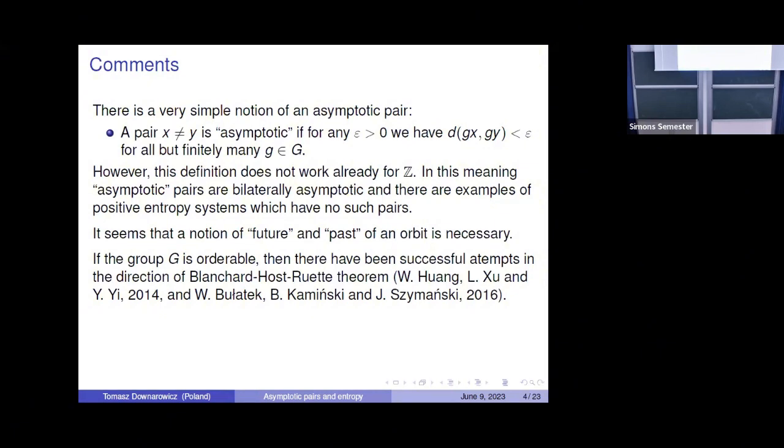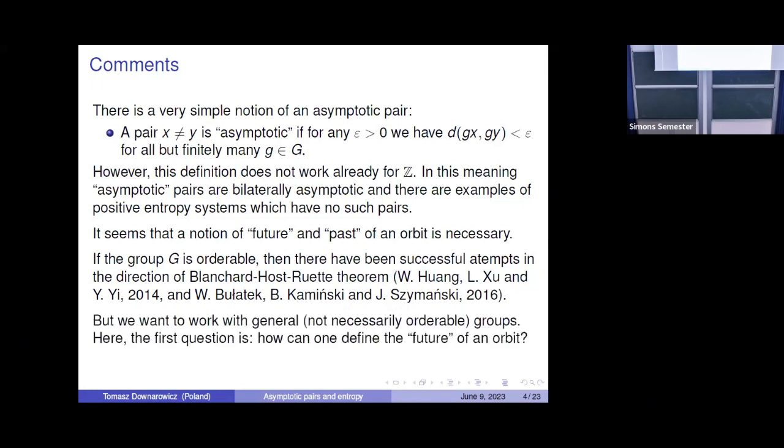That was done by Huang, Xu, and Yi, and independently by the team from Toruń, Bułatek, Kamiński, and Szymański. But that is for Z, and we want to work in general.